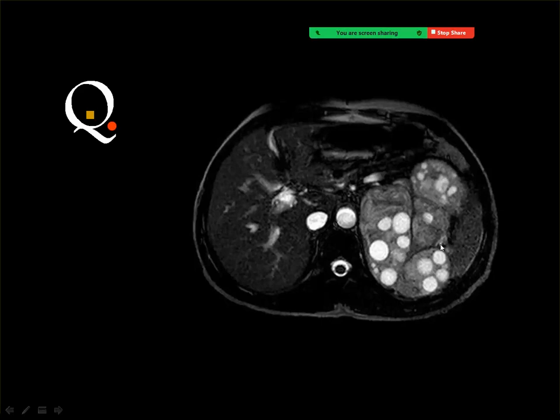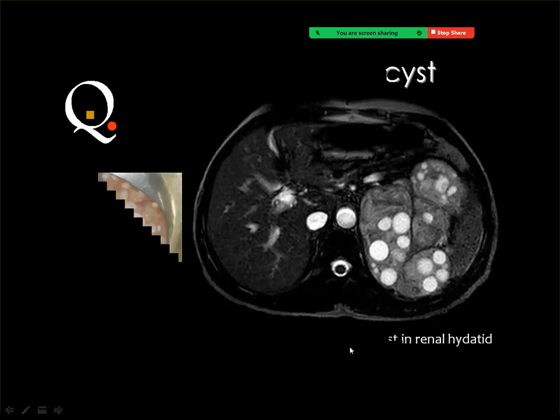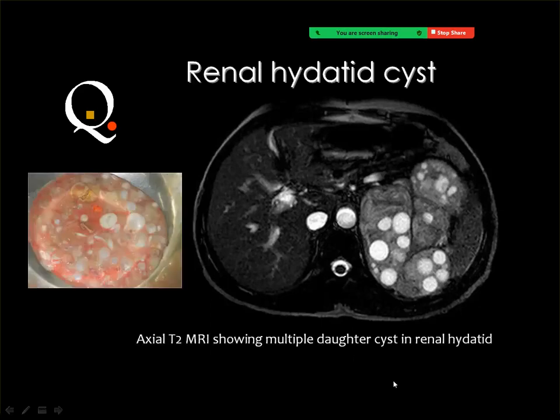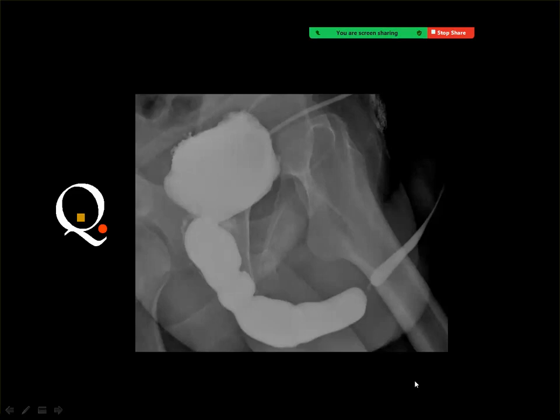You got multiple cysts with internal daughter cysts, which are the classic appearance of the hydatid cyst in the kidney. And this is the gross specimen after surgical removal. And you see the big lesion with internal daughter cysts inside, corresponding to these MR images.